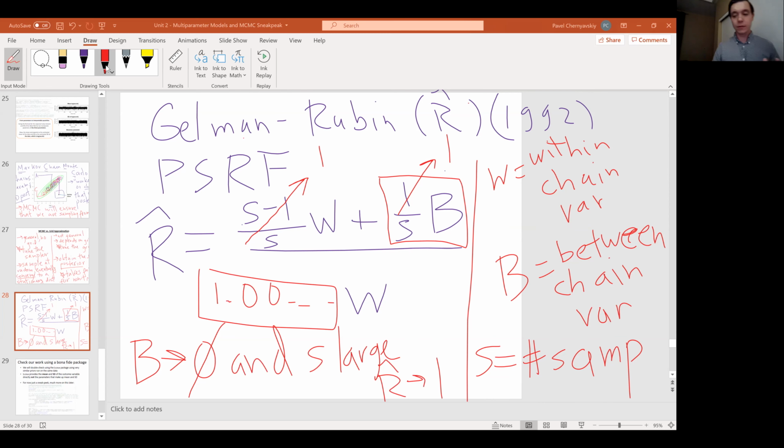In a paper, you almost always have some variation of this statement: convergence was ascertained by a visual inspection of the MCMC chains, that's looking at the trace plot, and verifying that the R hats are 1 for all parameters. You will see that statement with some variation in almost all Bayesian papers, or at least you should.